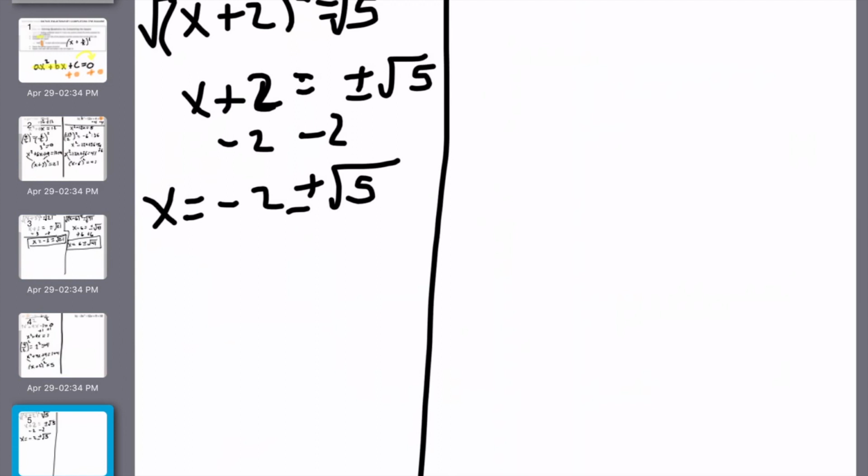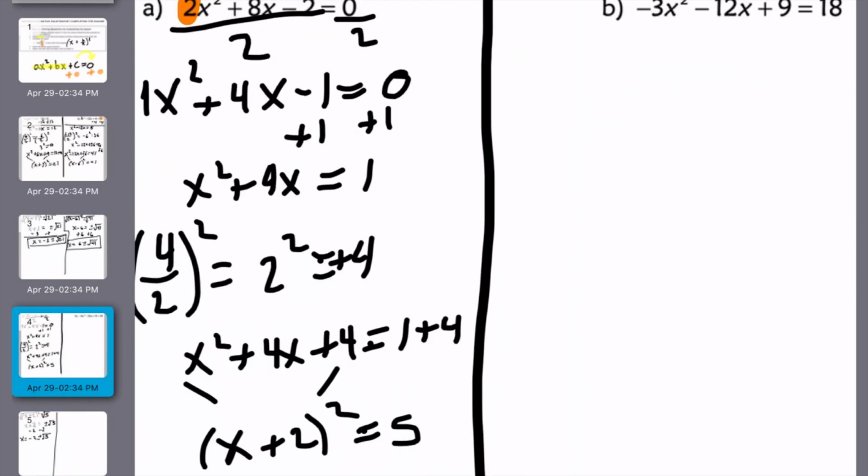Okay. Now let's try one final example. Negative 3x squared minus 12x plus 9 equals 18. So again, my challenge is trying to take this term of negative 3 and turn it into 1. But what I can see here is that all of my terms, each individually, are divisible by 3.